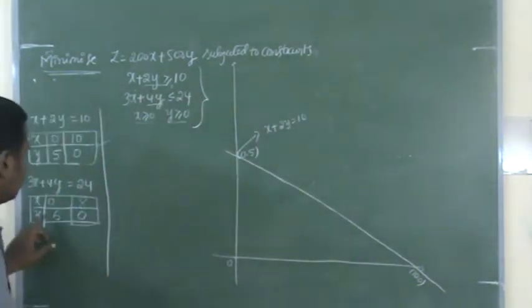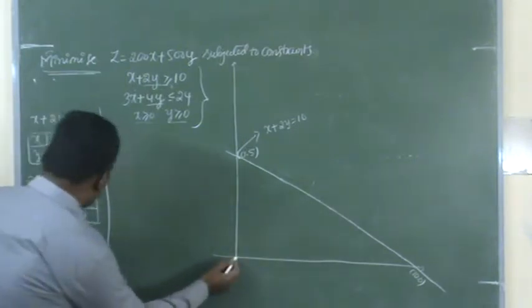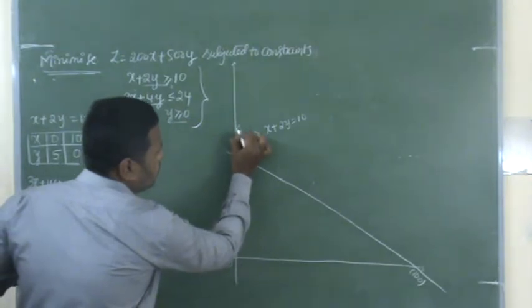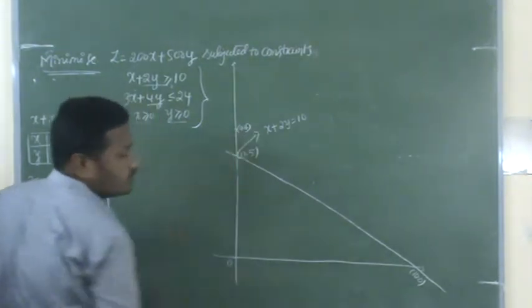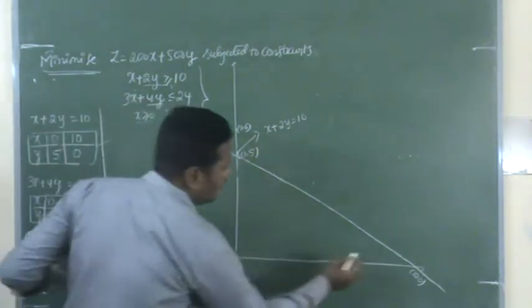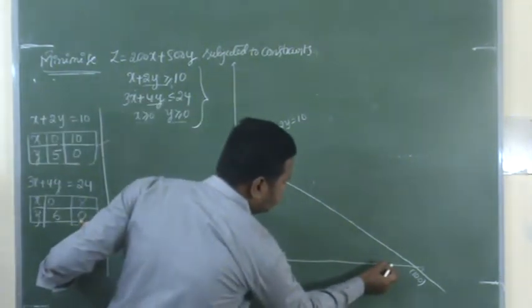Now the second line. When x is equal to 0, y is equal to 6. This is (0, 6). And when y is equal to 0, x is equal to 8.